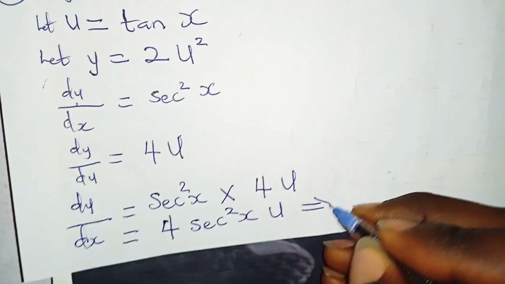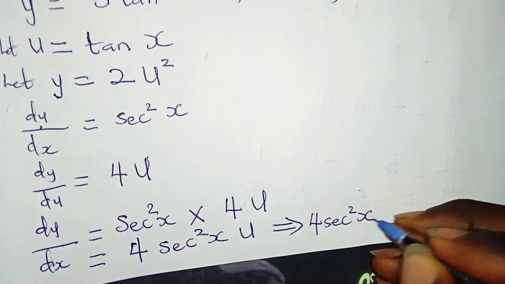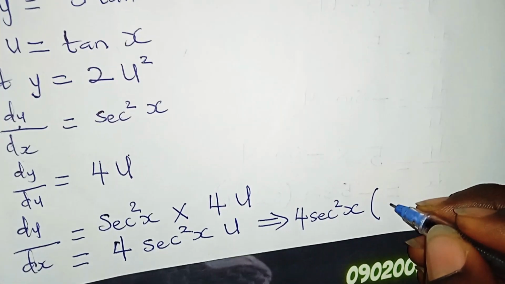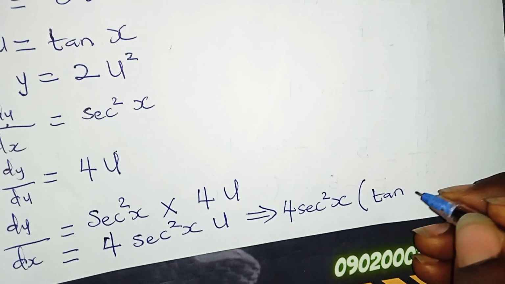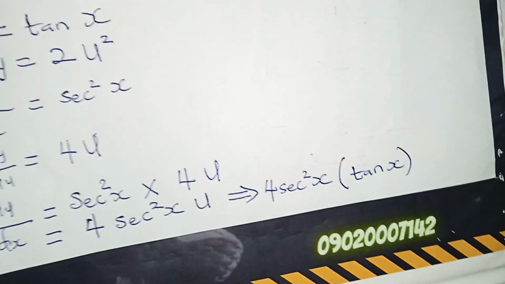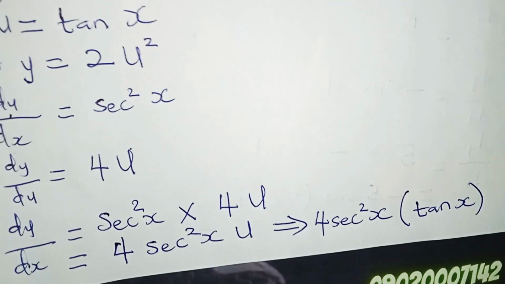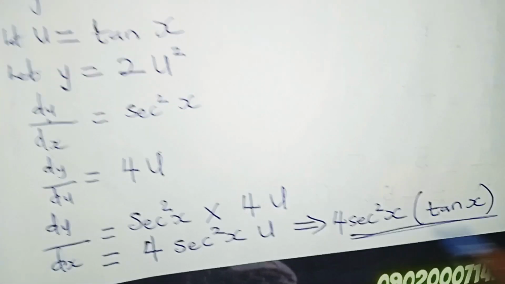And you know that u is tan x. So this is our answer: 4 sec squared x tan x. This is our final answer.